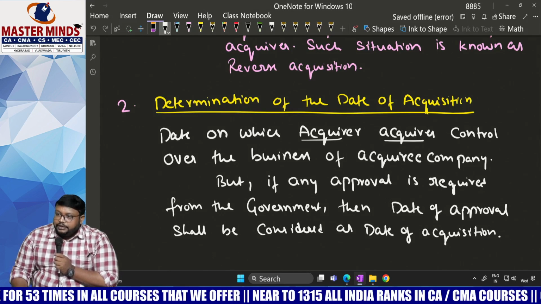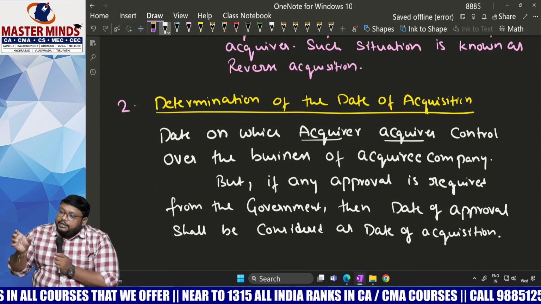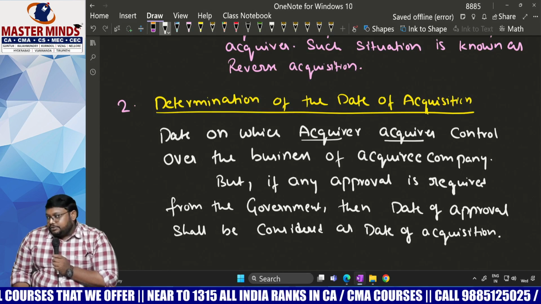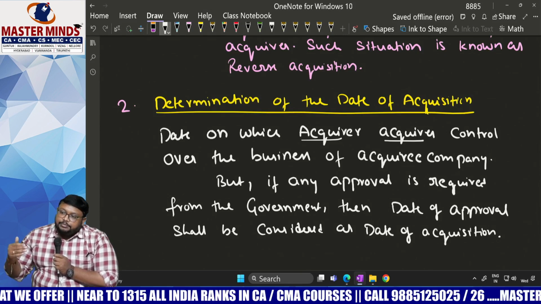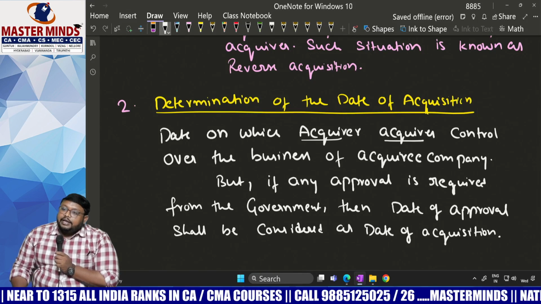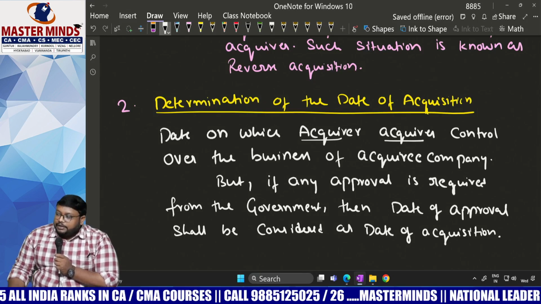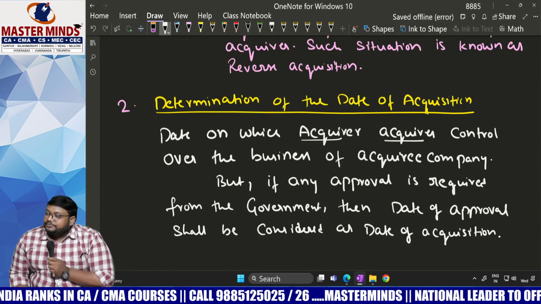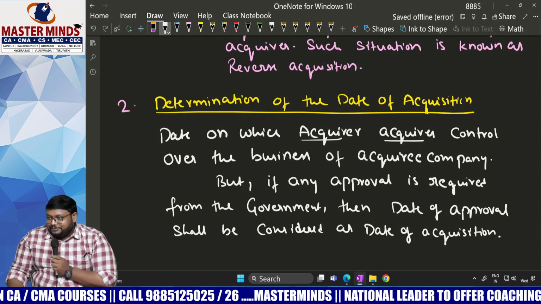Once we identify the acquirer, we do the accounting under his books. We have the accounting in the books of the acquirer and in the books of the acquiree. Sir, if the legal acquiree is the accounting acquirer, then who will be the accounting acquiree? We have to do accounting in the acquiree's books also.